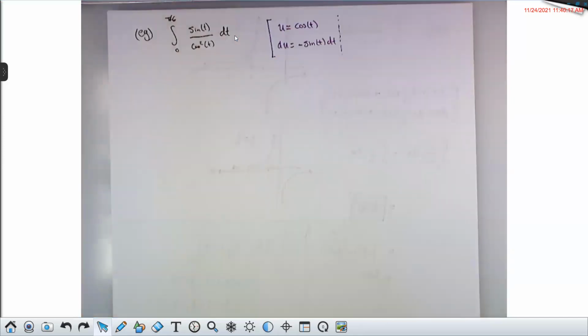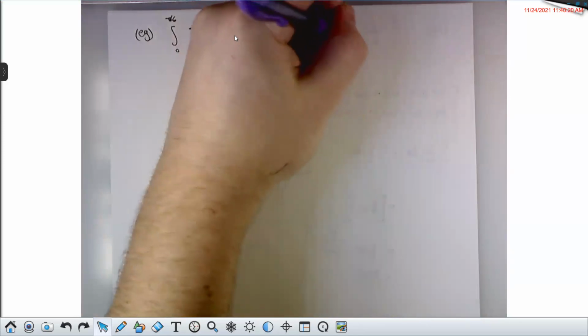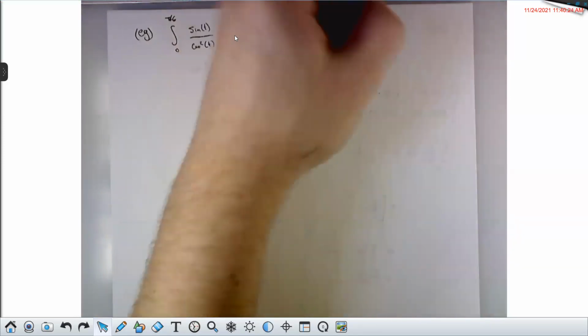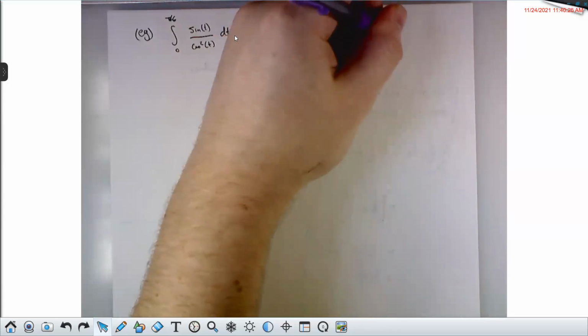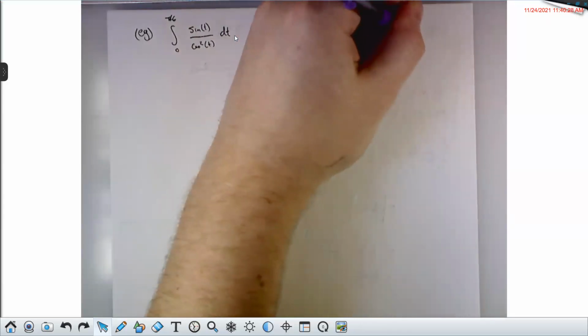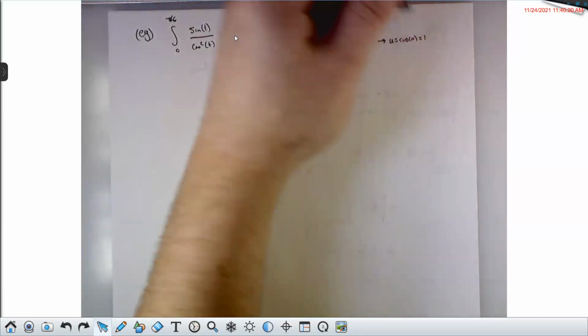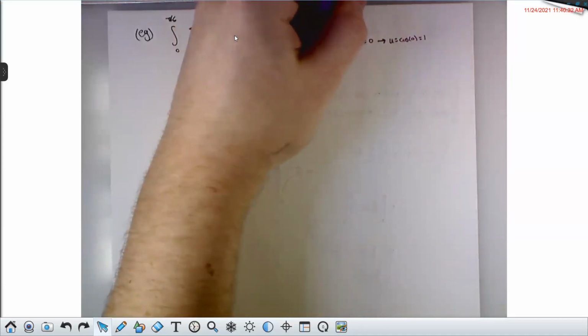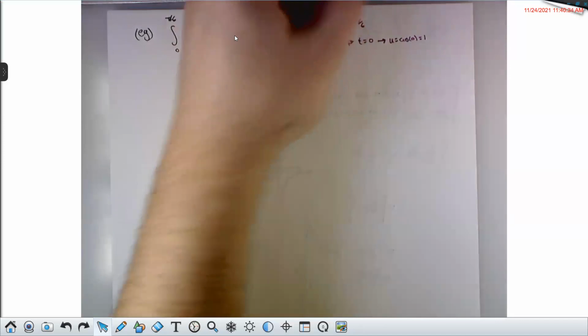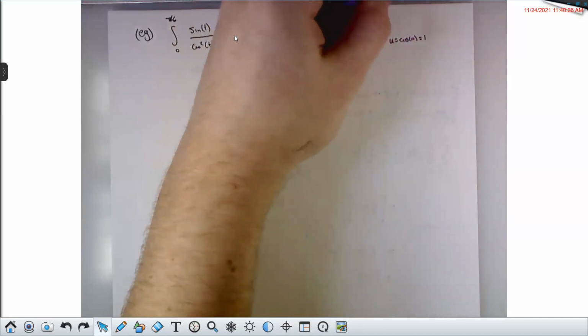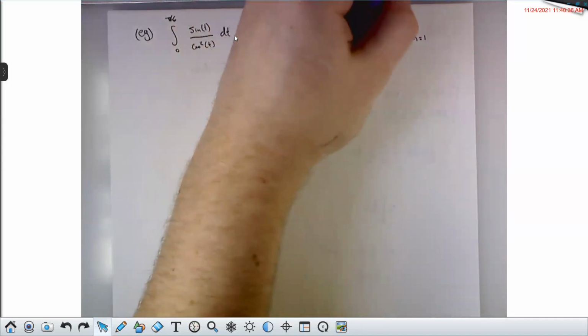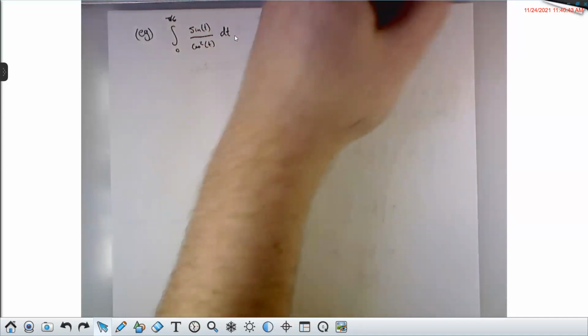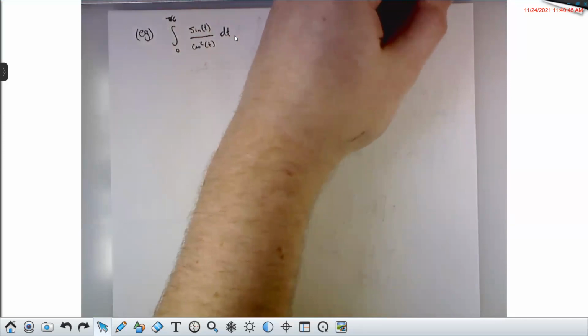I also will change my bounds. When t is equal to 0, u will be the cosine of 0, which is 1. And when t is equal to pi over 6, u would be the cosine of pi over 6, which is the square root of 3 over 2.